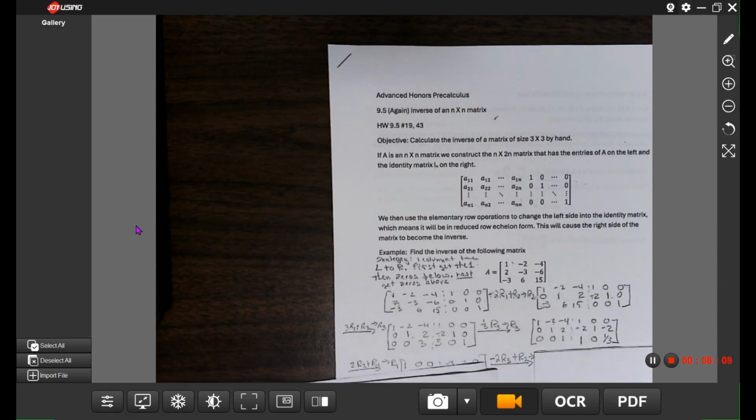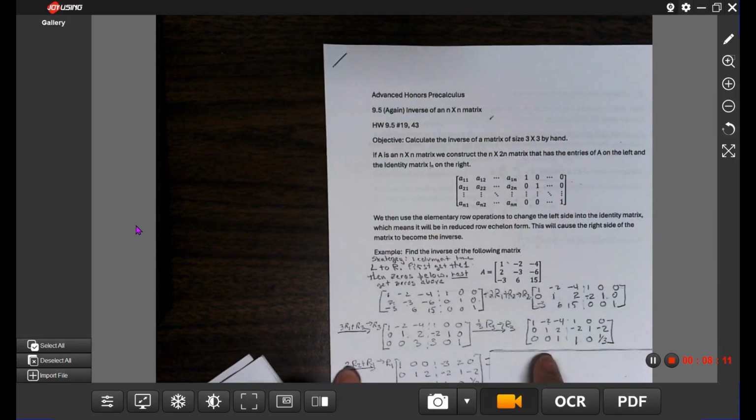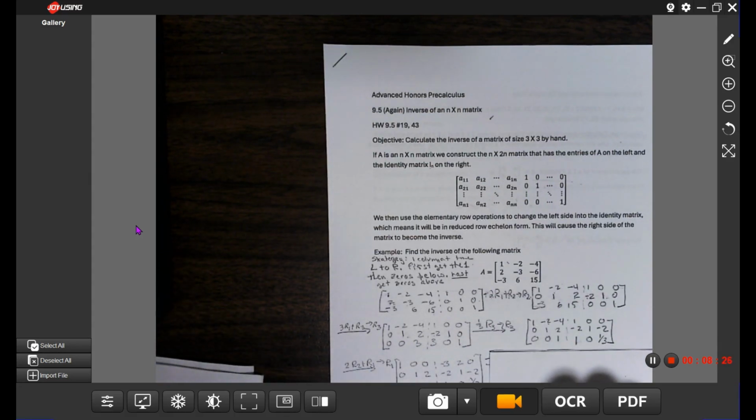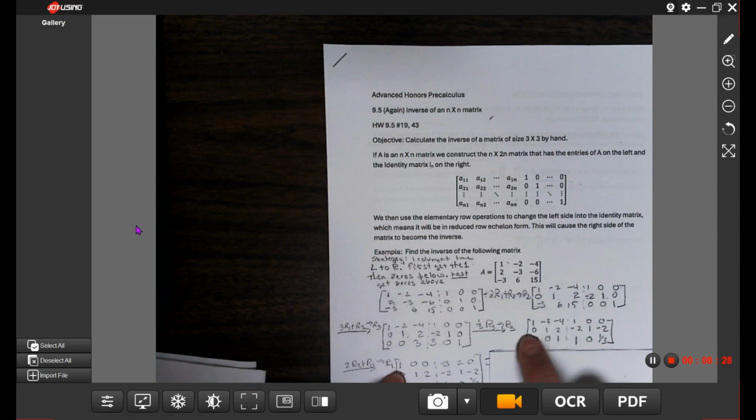So 2 times row 2, so 2 times 1 plus row 1 negative 2 gives me 0, and I put that into row 1. So that's what I get there. And let's check that it didn't mess up this one.